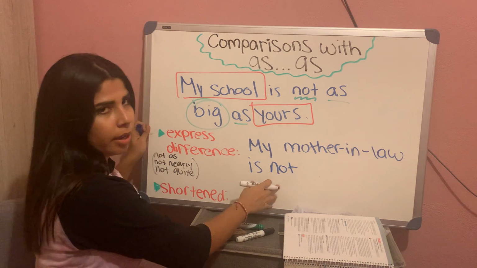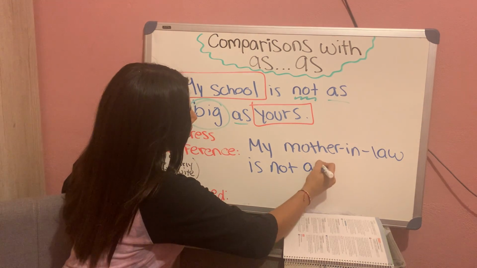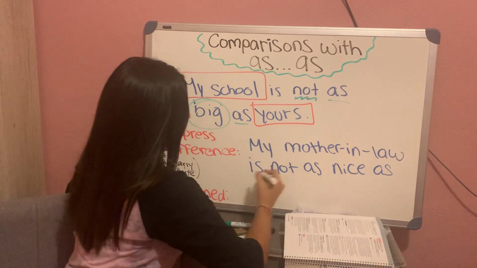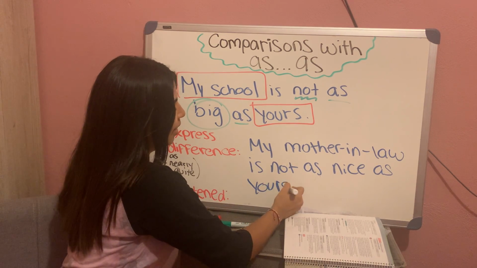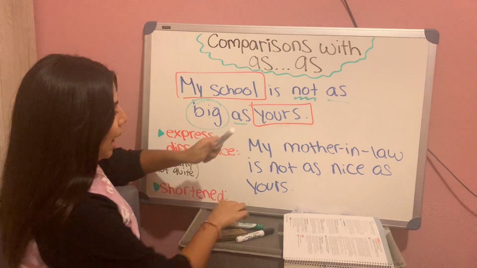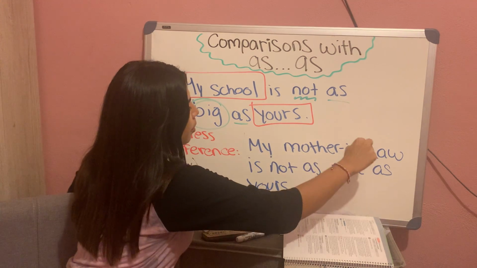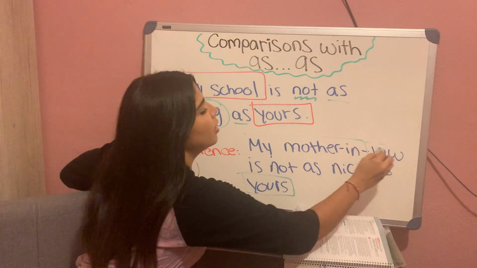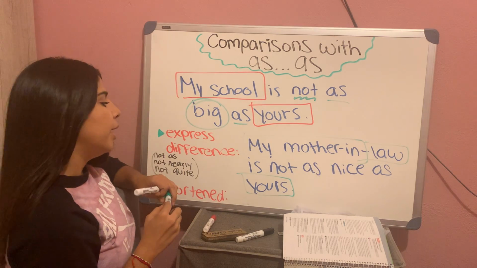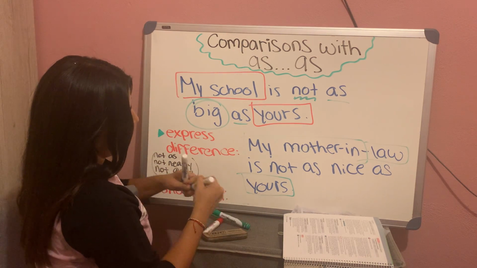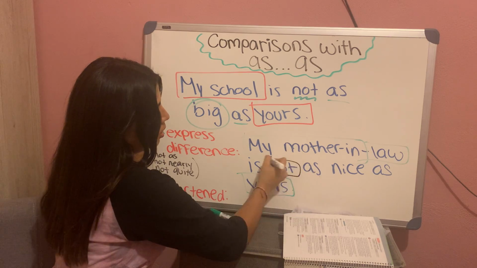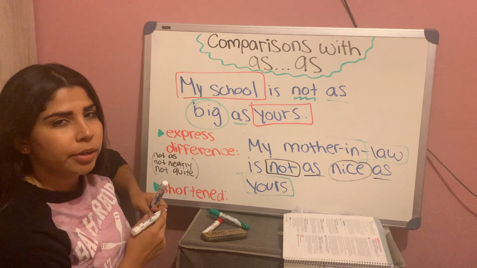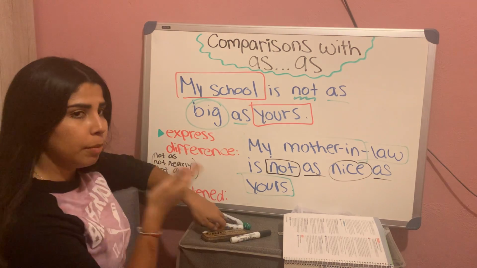The negative part, not as nice as yours. So I'm comparing my mother-in-law to your mother-in-law. Oops, I forgot to circle law. My mother-in-law is not as nice as yours. Okay, good job. I'm going to erase this.